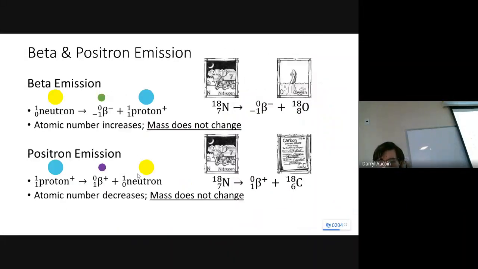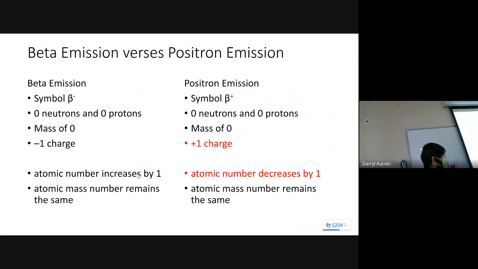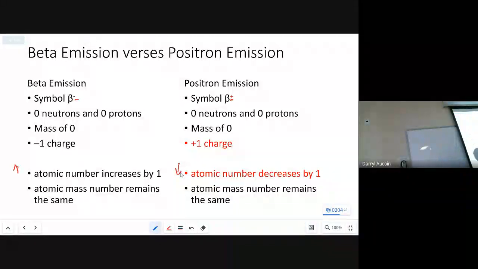So positrons have this little plus there because our atomic number is going to go down, versus our betas, the atomic number is going to go up. So here, atomic number is going up, and here the atomic number is going down. And those are the two different ways of changing atomic numbers without changing your mass.